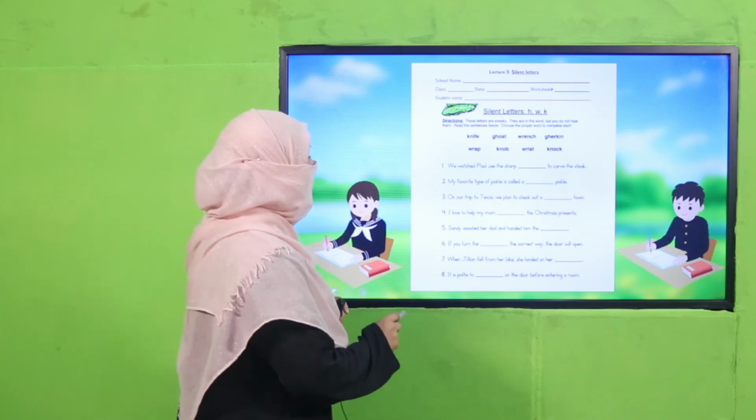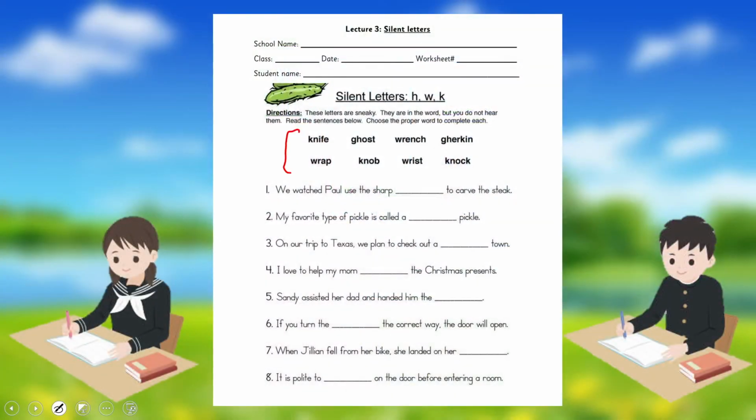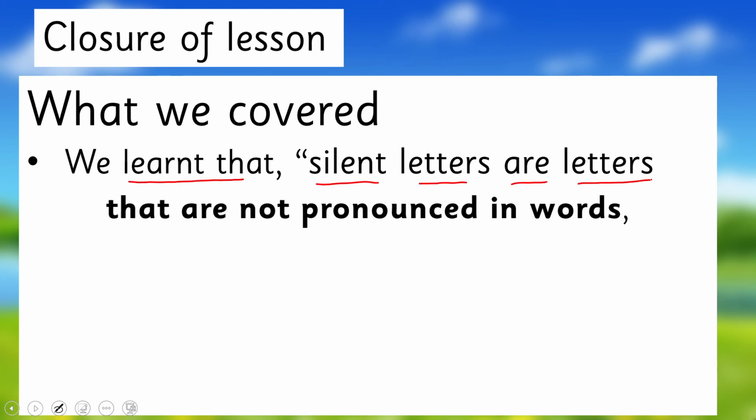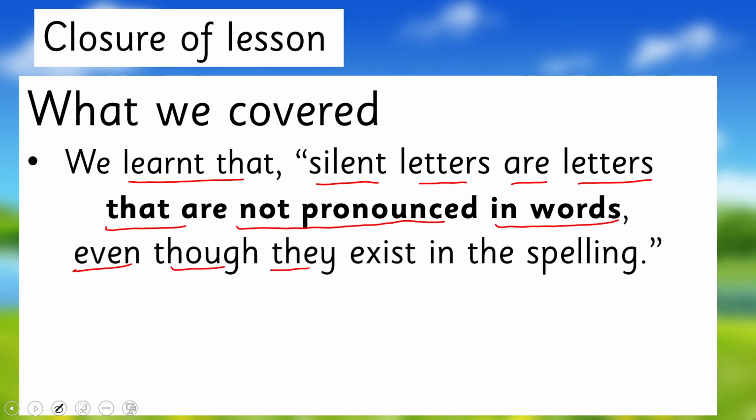And my dear children, what you are going to do, here is a word bank with silent letters. You will say these words and you will complete these sentences by using these words. So in this way, we learned that silent letters are letters that are not pronounced in words, even though they exist in the spelling.